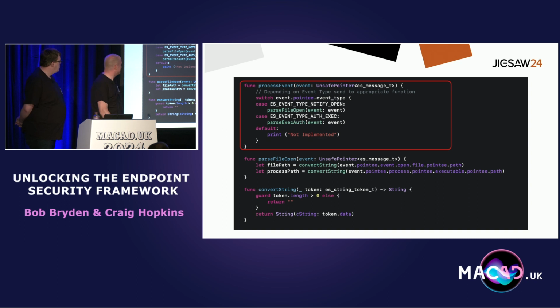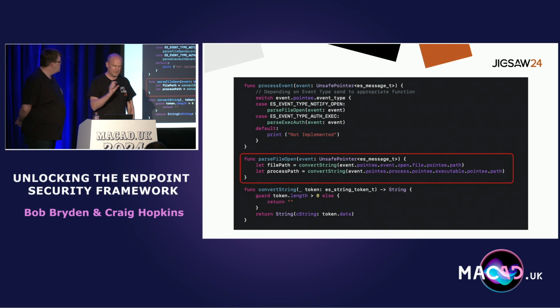And then a little bit showing the processing. So switch between the types of event we receive, file open or auth execute. On the file open, I'm just pulling out a few fields like the file path and the process path. But there's lots of others you can get, which, back to the previous slide, you could see.